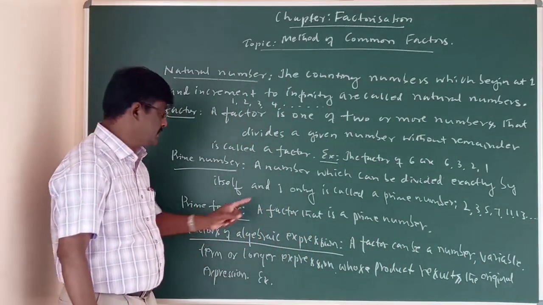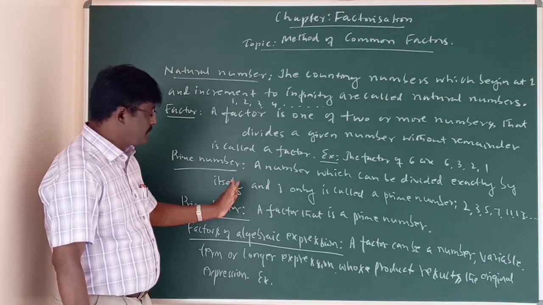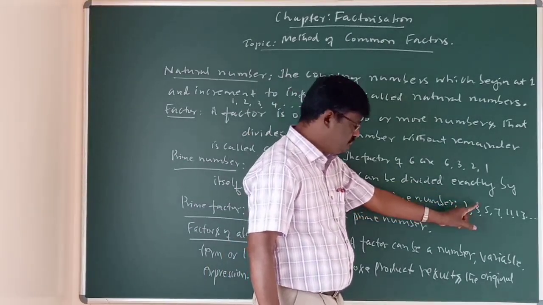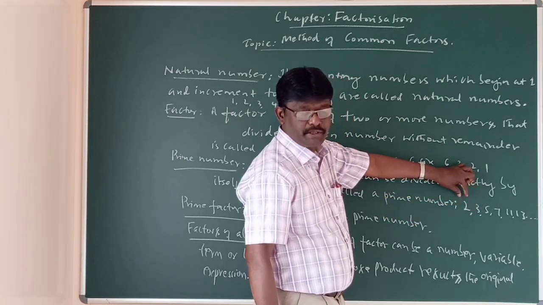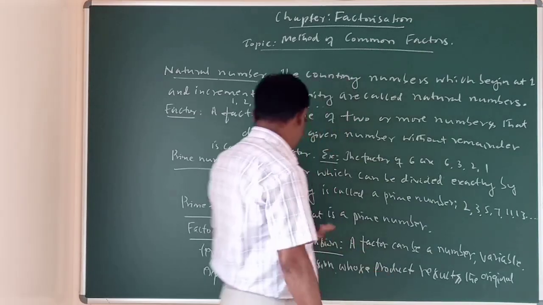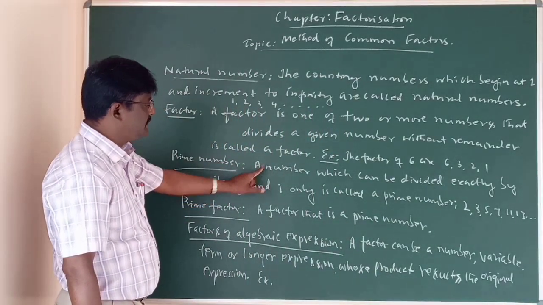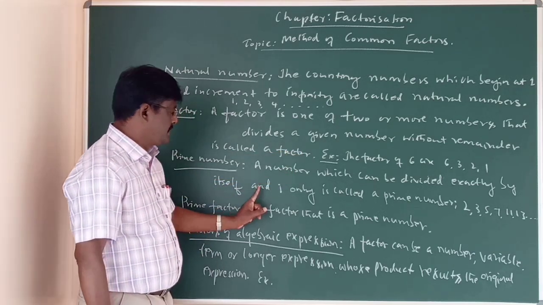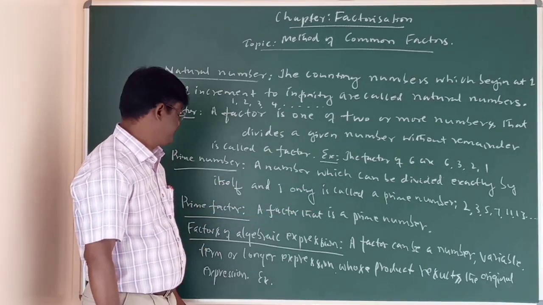Hence be very clear, those numbers will be divisible only by themselves or by 1. 2 is divisible only by 2. 3 only by 3 or by 1. And what is the speciality of the prime number 2? 2 is the only even prime number. Hence, once again, recall: a prime number is a number which can be divided exactly by itself and one only.